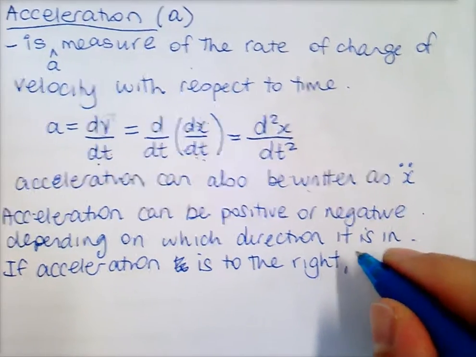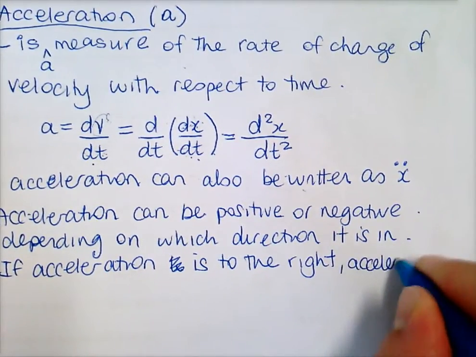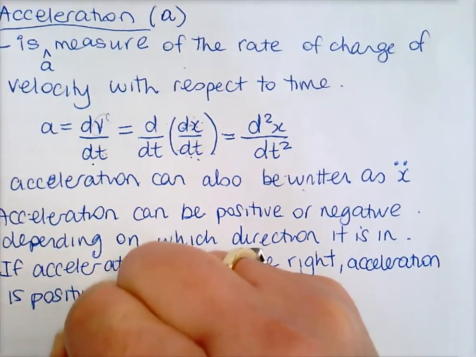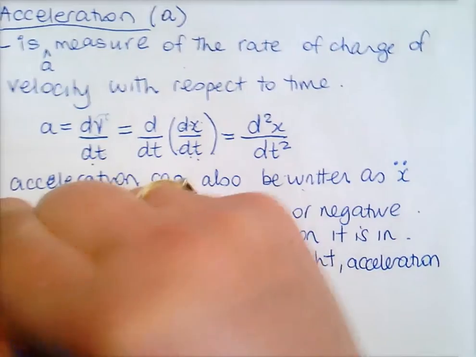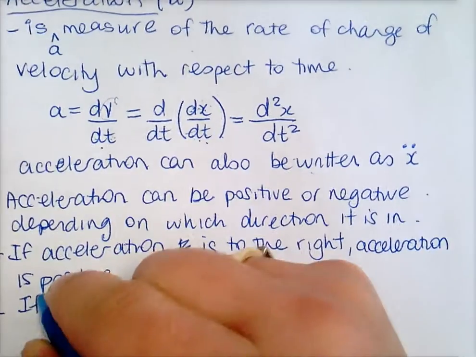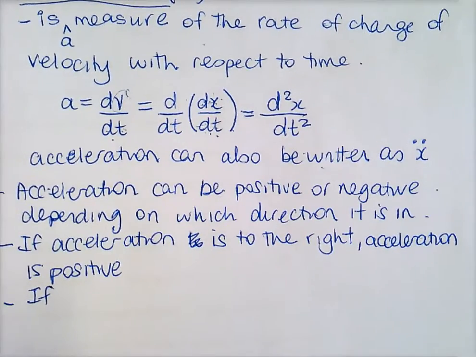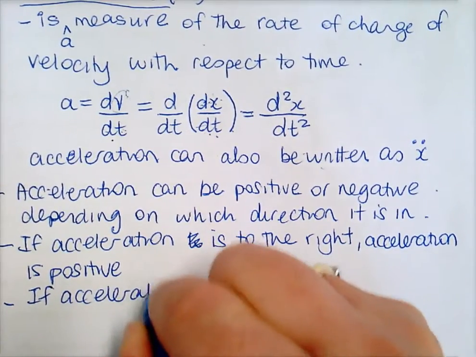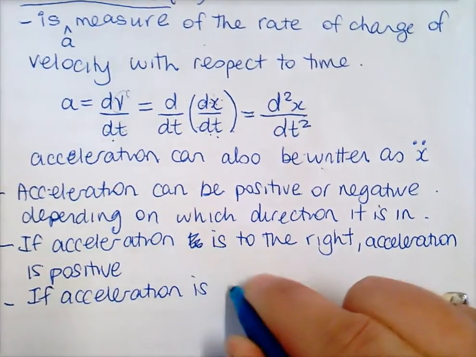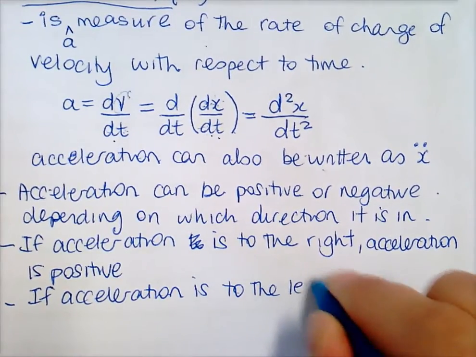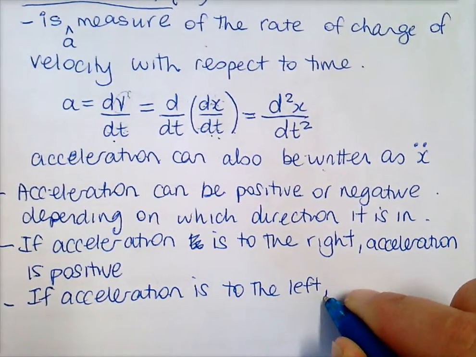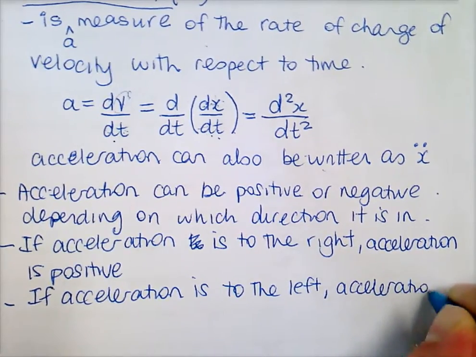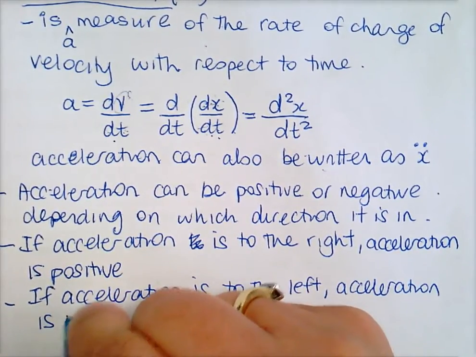So if acceleration is to the right, acceleration is positive. And if acceleration is to the left, we say that the acceleration is negative.